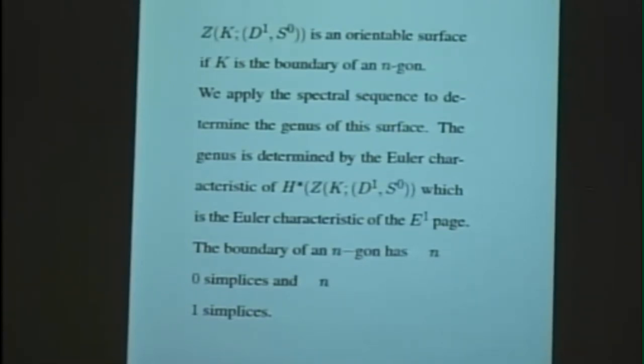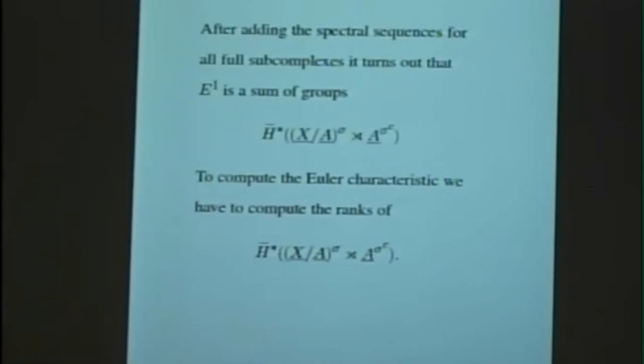So we're going to compute the Euler characteristic of the E1 page, which of course is the Euler characteristic at the end of the story. And all we have to know is that the boundary of an n-gon has n 0-simplices and n 1-simplices. So here we go. I'm afraid that I have to tell you what happens when you assemble all the E1 terms for the Z hats. You get essentially the same thing, except before, if you recall, I had the smash product of the A's over the complementary vertices.